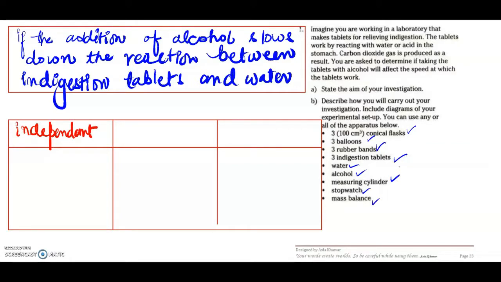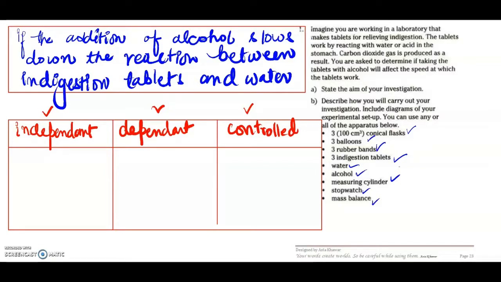The other one is called the dependent variable. And the third one is called the controlled variable. To plan any experiment, you need to think about what is my independent variable, what is dependent, and what is controlled. The independent variable is a chosen variable, a variable which you can change.